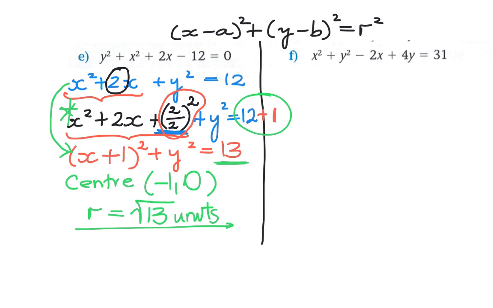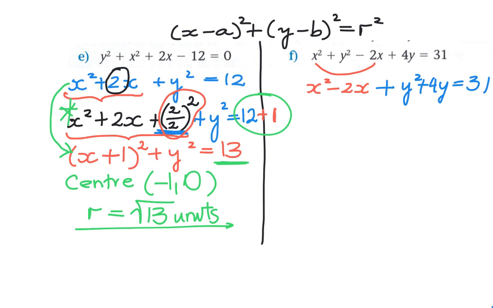Let's look at example number F. Okay, so let's group it. Now this one is a bit more complex. I have x squared and 2x, but I also have y squared and 4y equals 31.